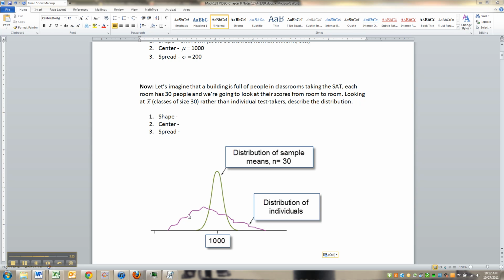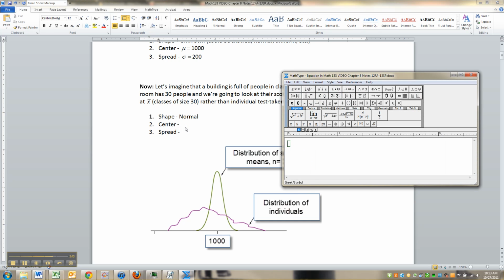It's kind of all over the place. It's wobbly. It's yucky, right? But when I look at sample means, if I look at X bars, then the shape becomes, as you can see from this picture, normal. We don't know what it was to begin with, but when you look at the X bars, it's normal, right? And what's the center? Well, the center is the mean of all your X bars.